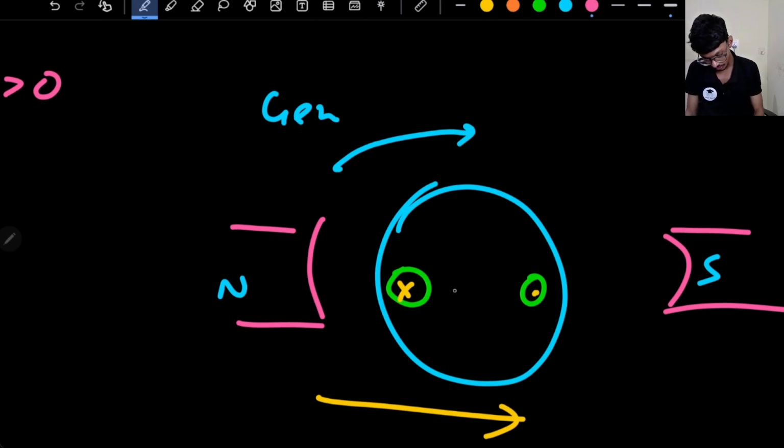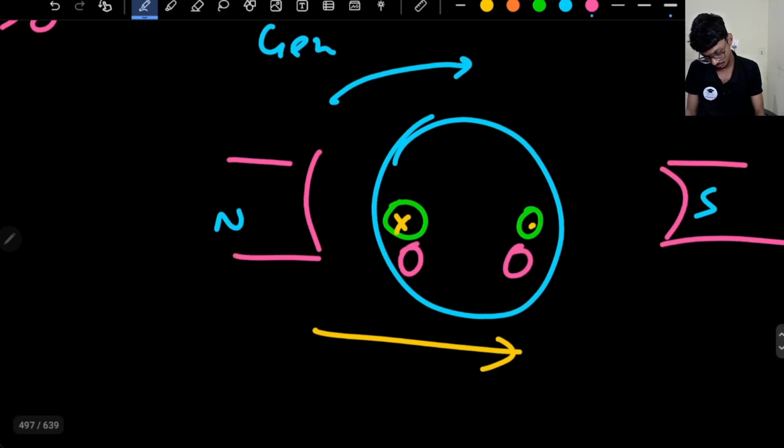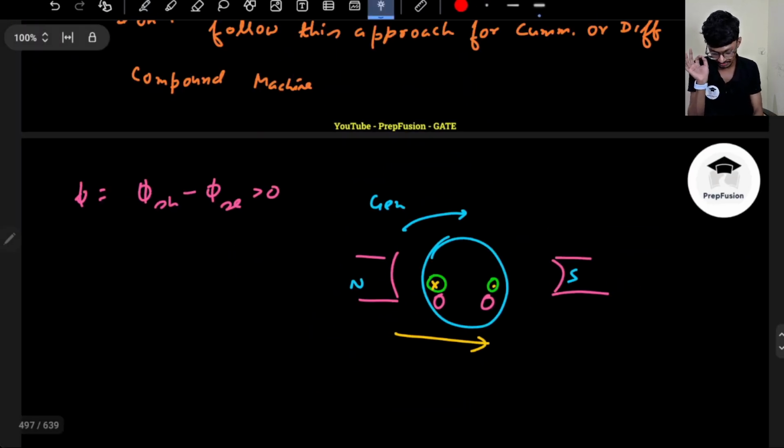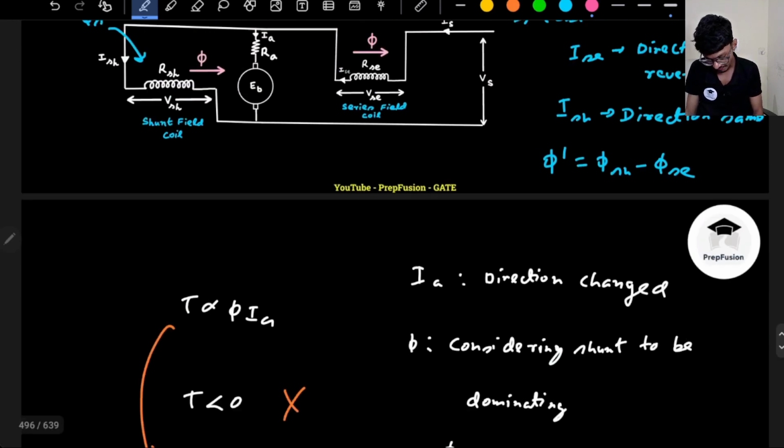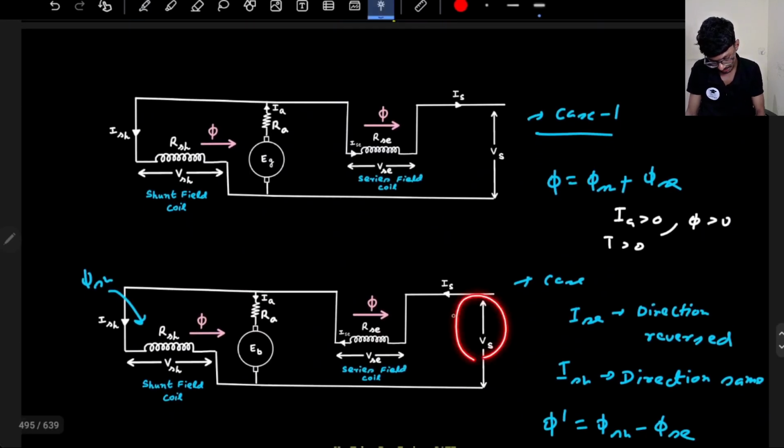Now what will happen for a motor? For a motor, basically, I know the current direction. Whatever was the previous current direction, it will reverse, because IA dash is minus of IA, because now the supply is delivering the power.